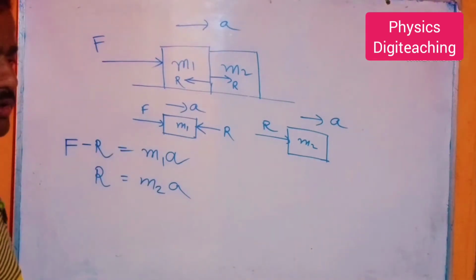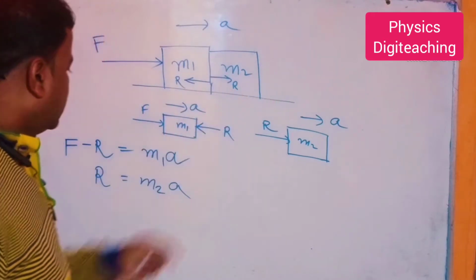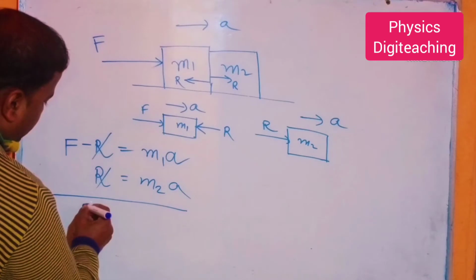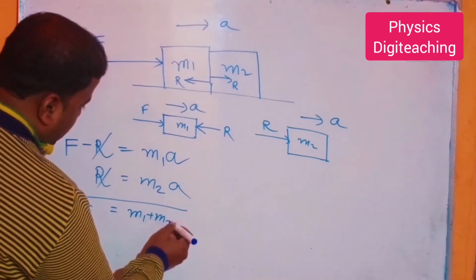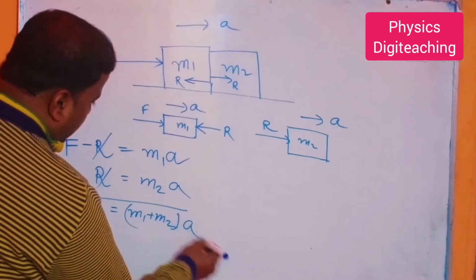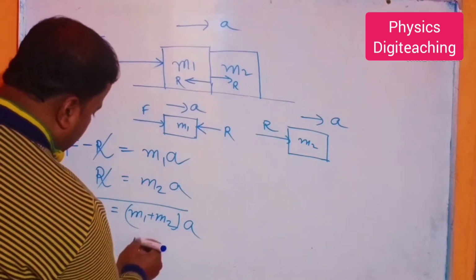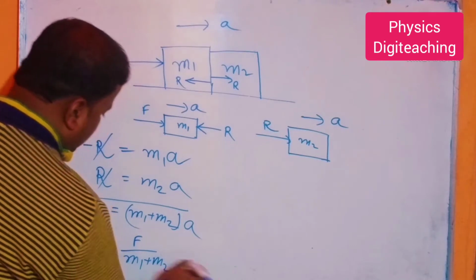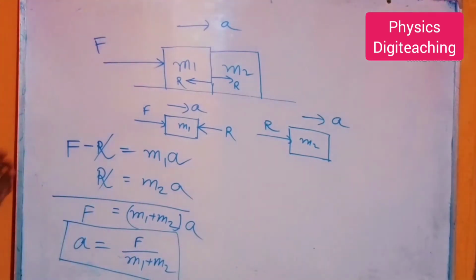Now we solve these two equations to find the acceleration and the contact force R. We get F equals m1 plus m2 into A, and this gives the acceleration A equals F by m1 plus m2. This is the acceleration of the system of two bodies.